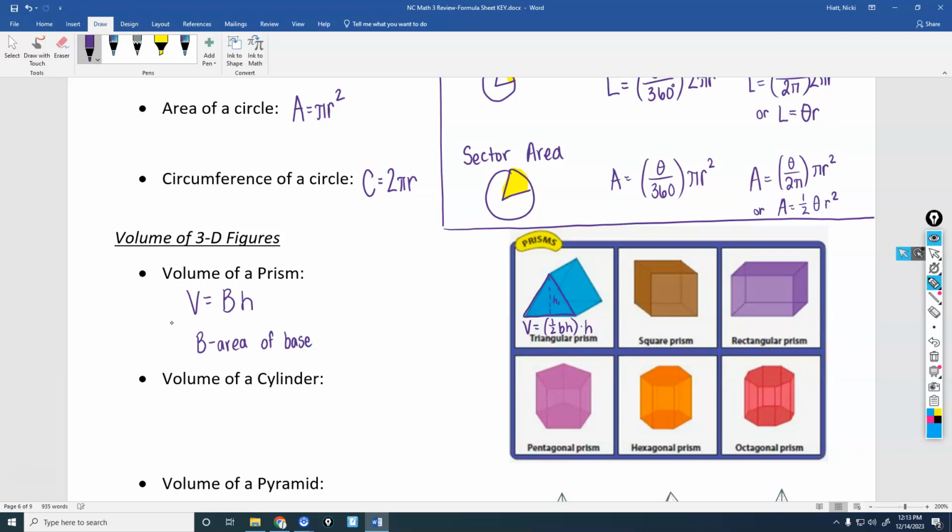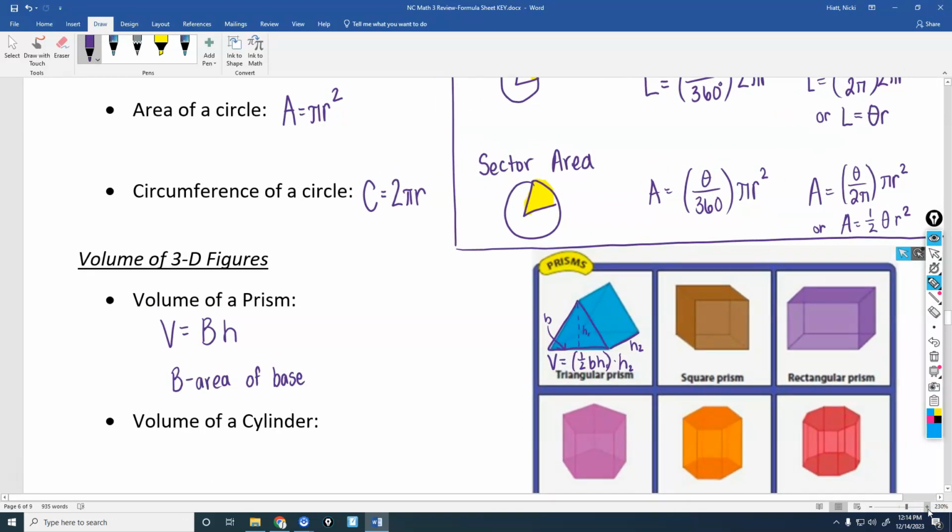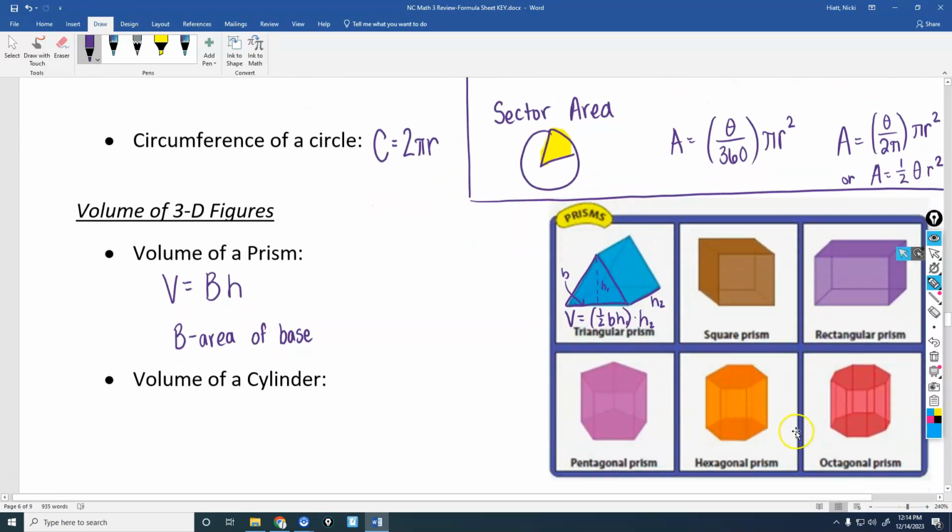I'm going to call that H1. I'm going to call this one H2. This right here would be the base, and then this side right here would be H2. So depending on the shape of your base, you have to put that there where the capital B is.